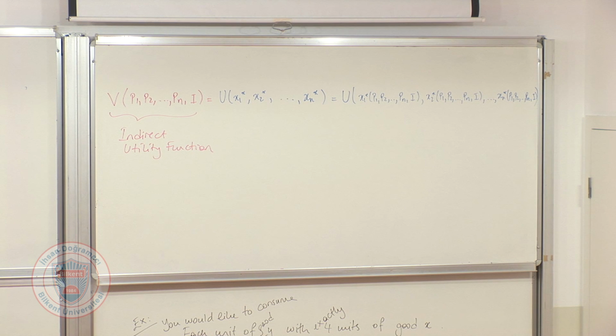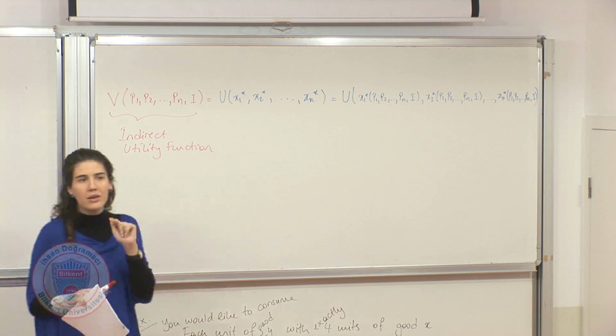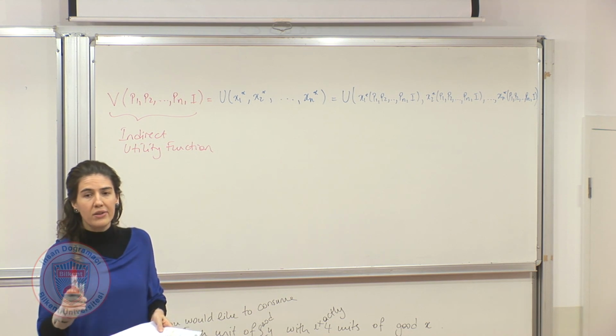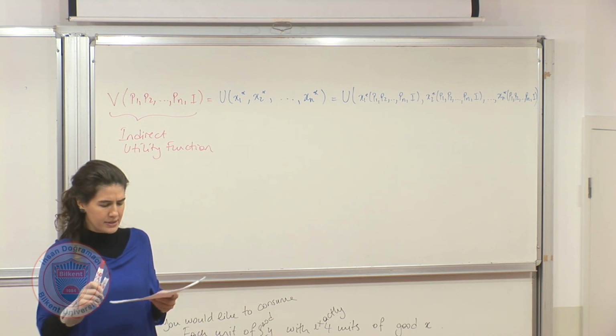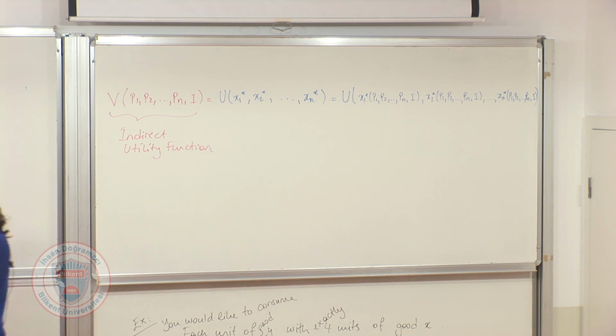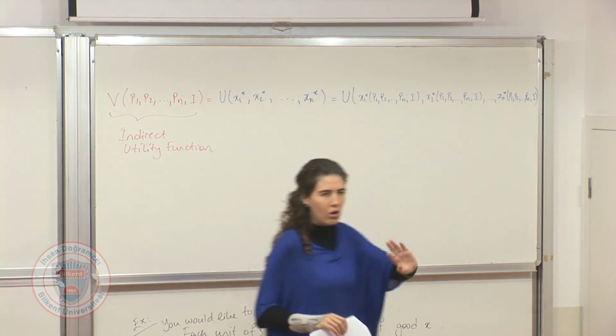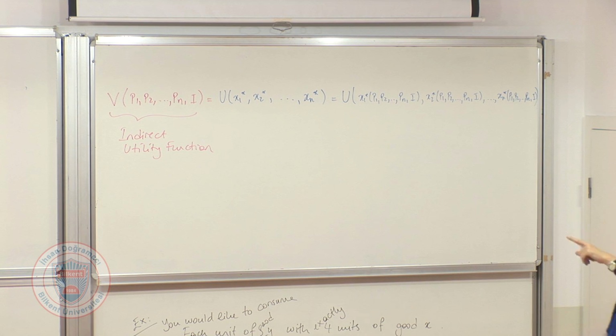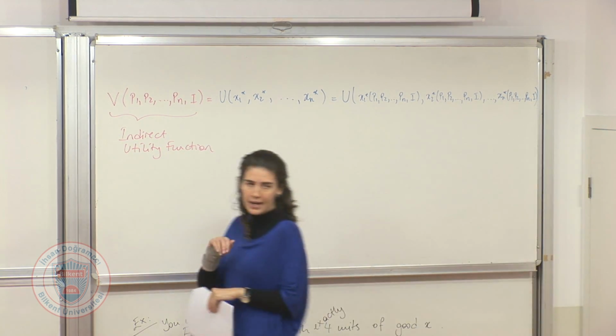So now let's continue with our examples, and you'll see why this indirect utility function is very useful. We're going to find the indirect utility function of the perfect complements case, and also for the Cobb-Douglas case, okay?